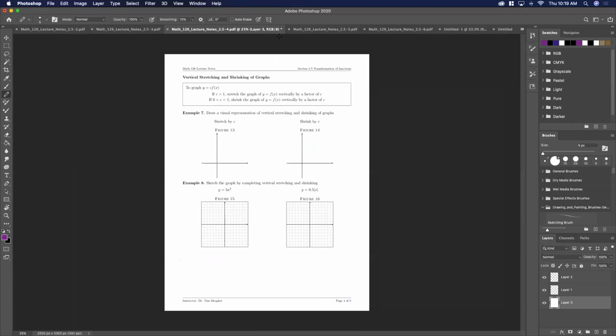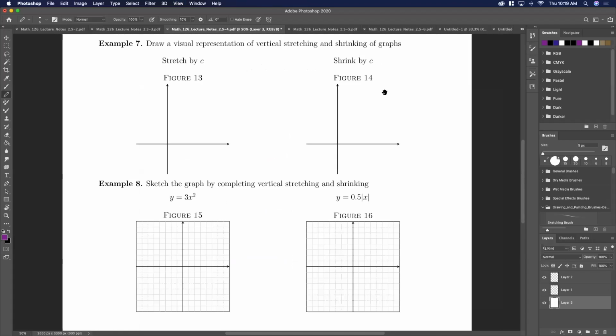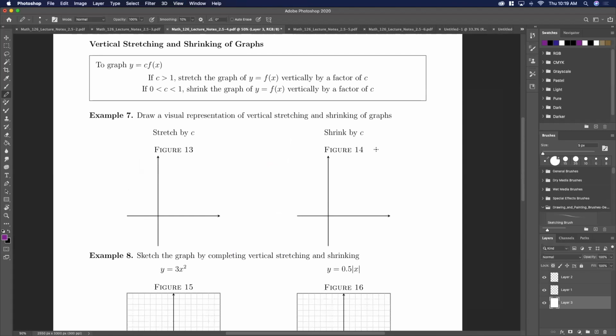Let's do vertical shrinking and stretching. All right, so if we multiply by a factor of c on the outside, it's just going to vertically stretch or shrink it depending on what the factor is.